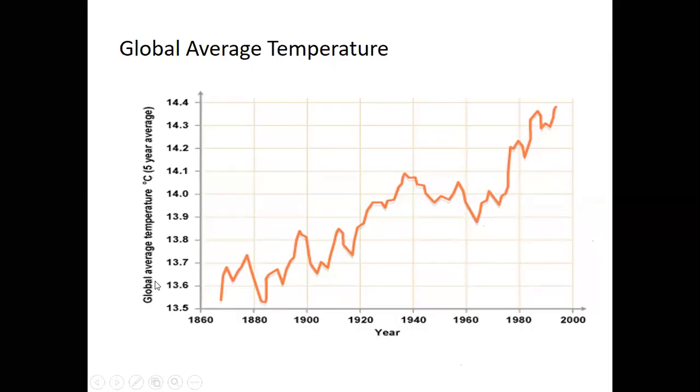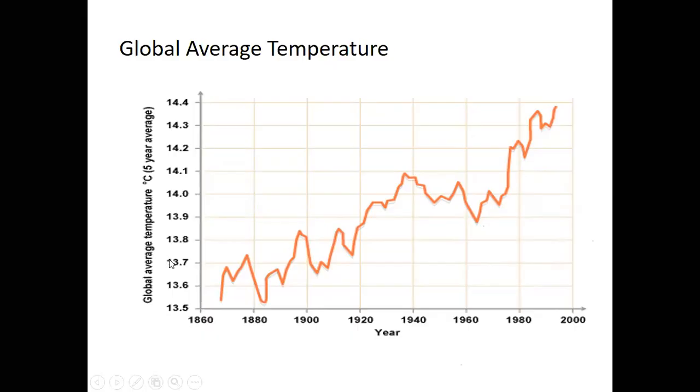Here you can see the average temperature is around 13.5 at the beginning in 1860, and in 1995 it is 14.4. But according to the Sri Lankan context, the average temperature is around 27 or 30.